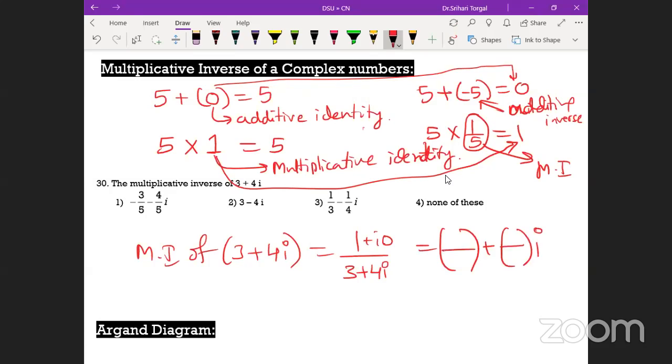Now, 3 square plus 4 square is 25. Then 3 plus 0, 3. And 0 minus 4. This is the multiplicative inverse, which is not there in any option. So, none of these is the answer. 3 by 25 minus 4 by 25i is the multiplicative inverse of 3 plus 4i.